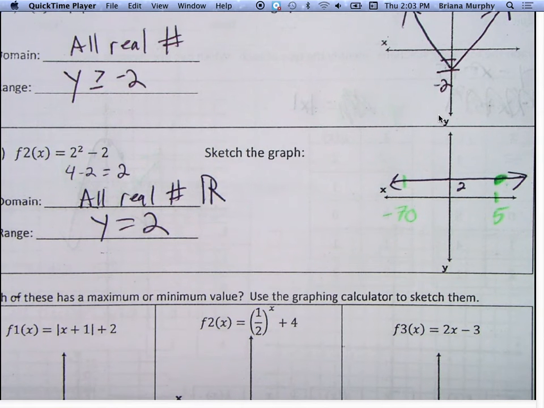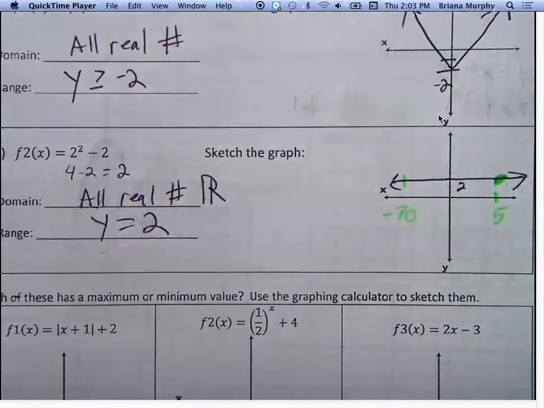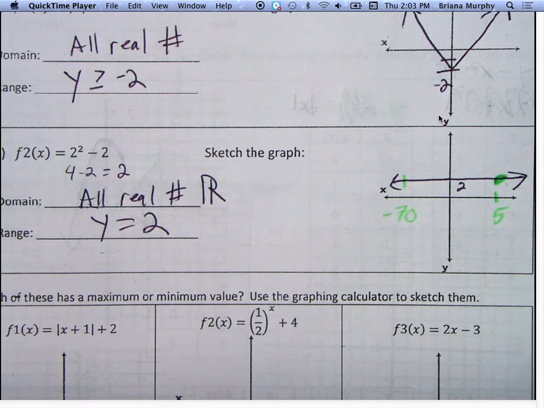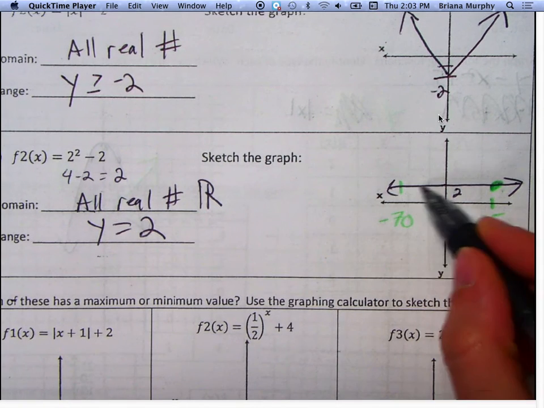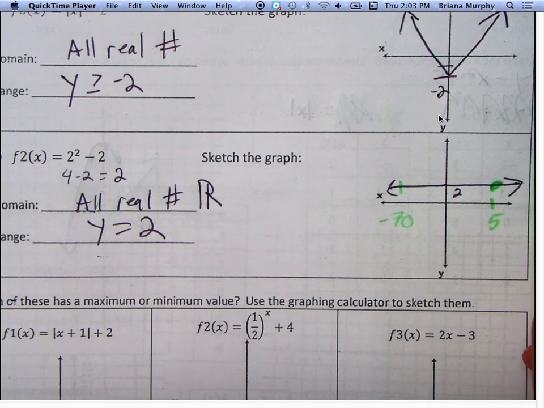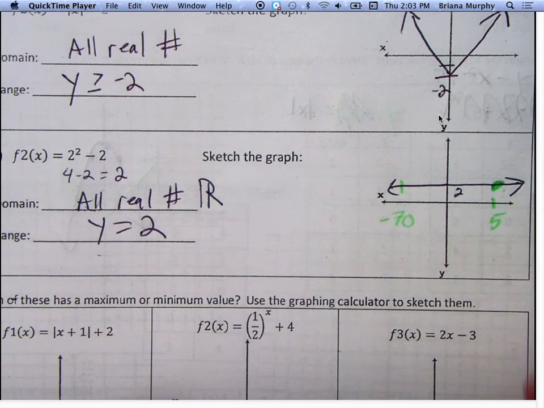It's on a straight line stretching to negative infinity and positive infinity. So x could be anything. It's y that doesn't change. It's like you're following an endless road, right? I can pick any x value, but y doesn't move.